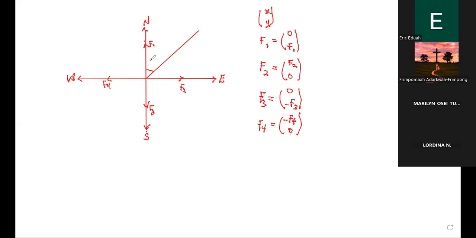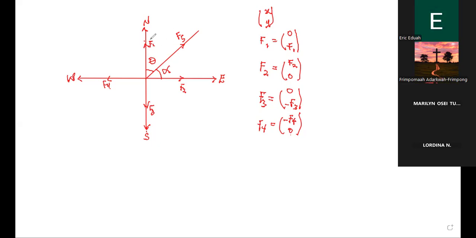The angle this makes with the north, I'm told, is theta. And the angle F5 makes with the east, I'm told, is alpha. The moment it doesn't lie on any of the cardinals, but it makes a certain angle with either the x or the y, we can confidently resolve this into components.